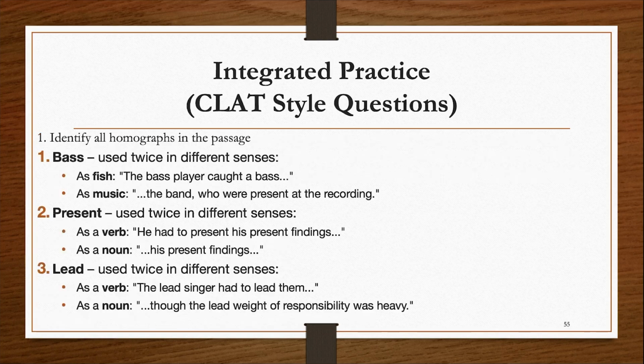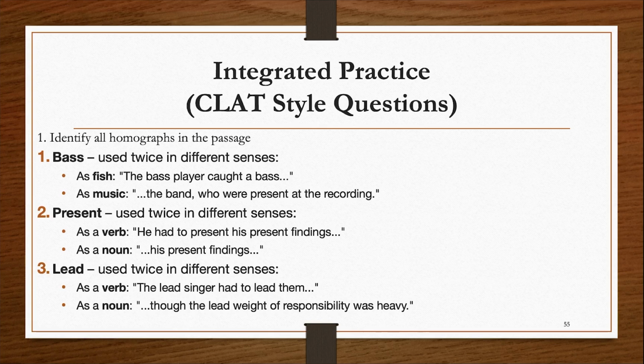Now, first, identify all homographs in the passage. Again, BASS is used twice in the passage in different senses: as fish, the bass player caught a bass, and as music, the bass. Present is used as a verb, had to present his present findings, and as a noun, his present findings.